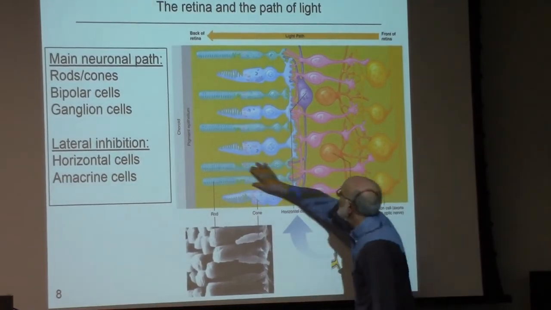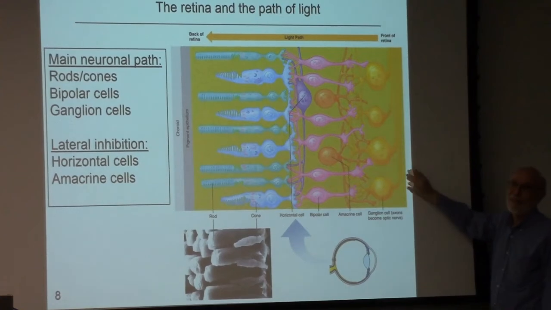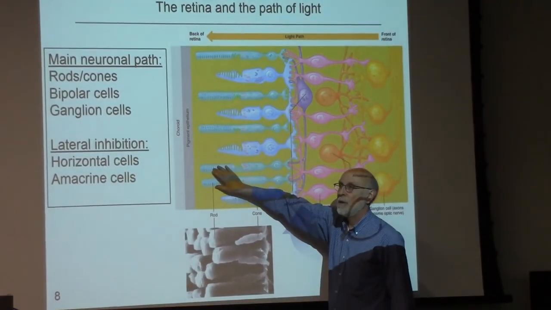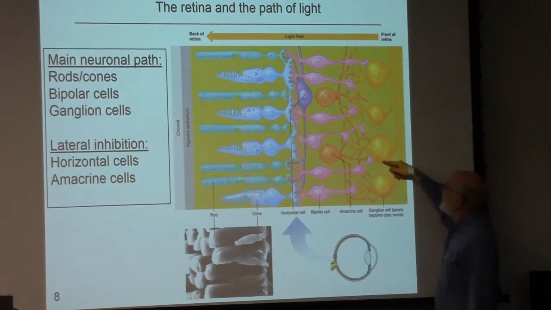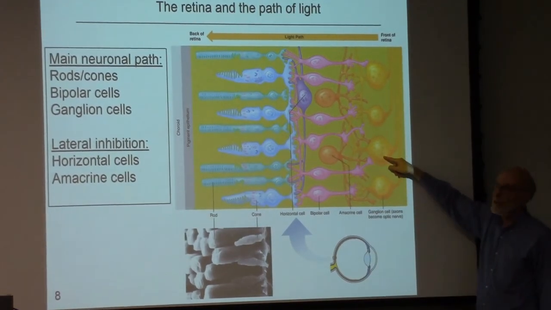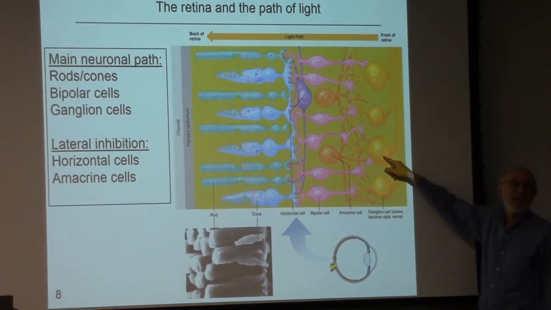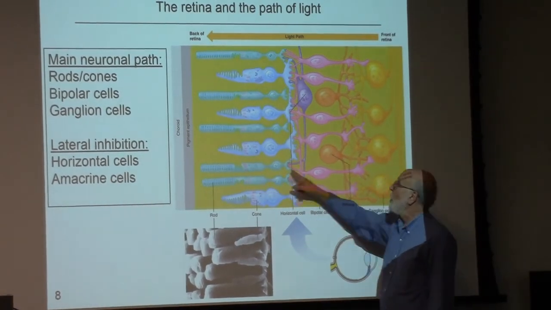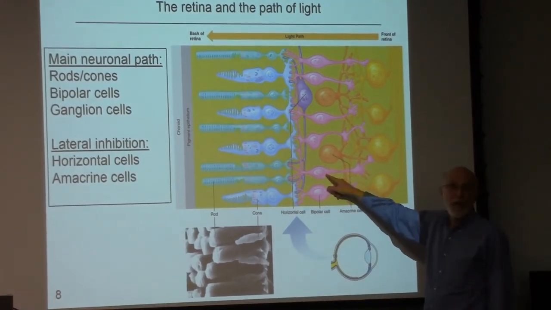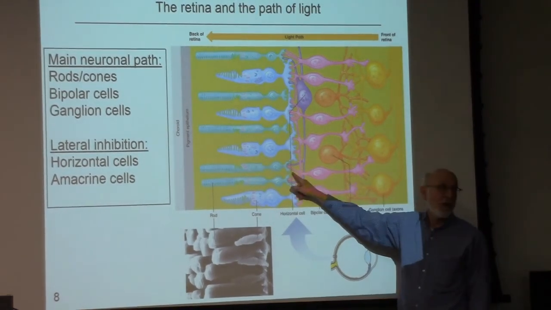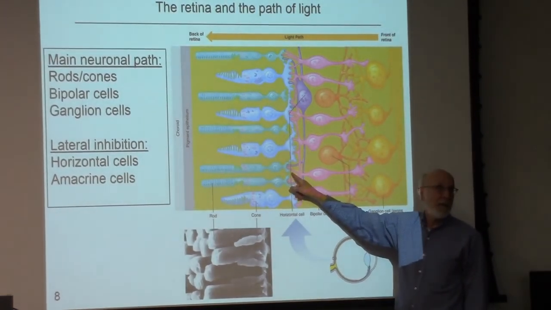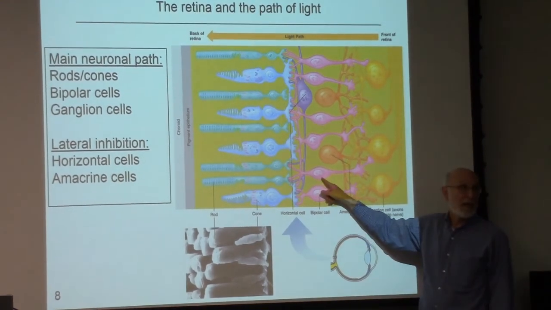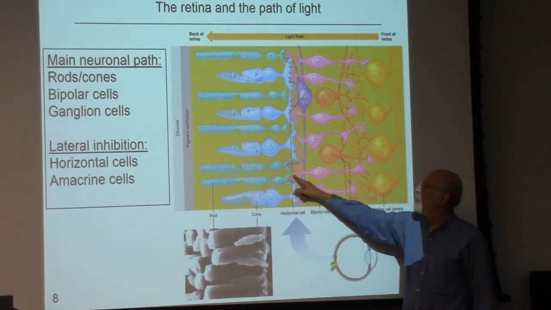So here is the linear organization. This is the center of this ganglion cell's visual field. And if this is an on-center cell, then this photoreceptor was coupled to a bipolar cell that has an inhibitory glutamate receptor here. If this is an off-center ganglion cell, then this bipolar cell is expressing an excitatory glutamate receptor here.